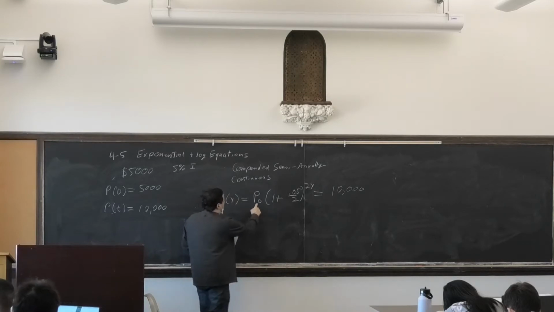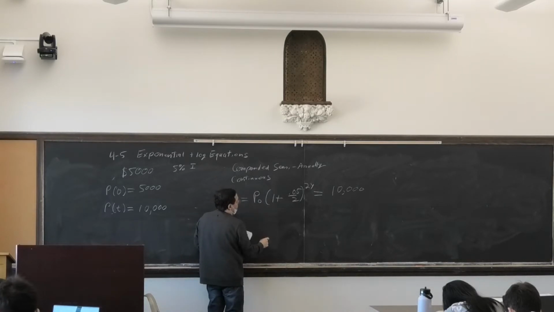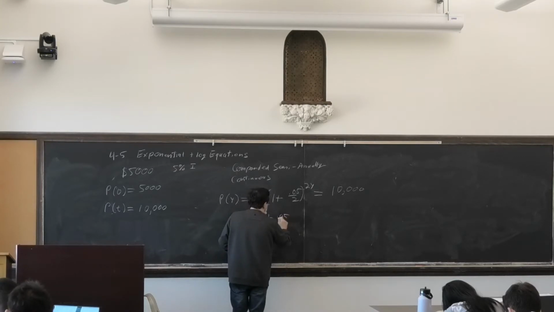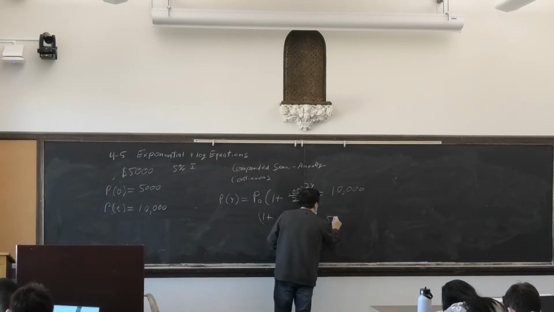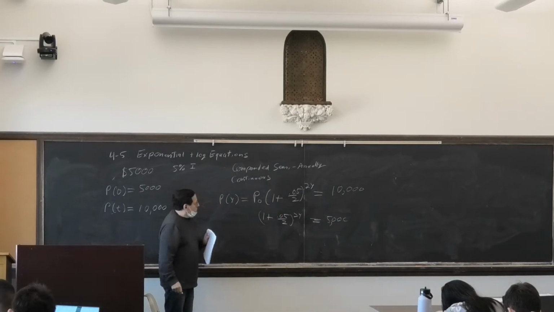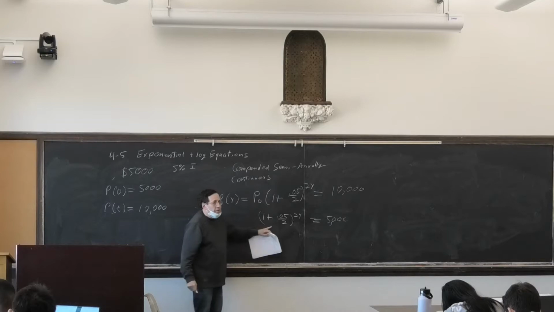Right, so we have P0 is 5,000. So let's divide by that. Well, now we have an exponential function here, right?